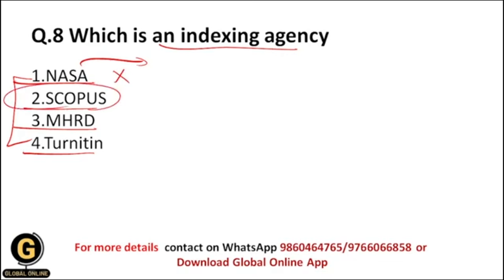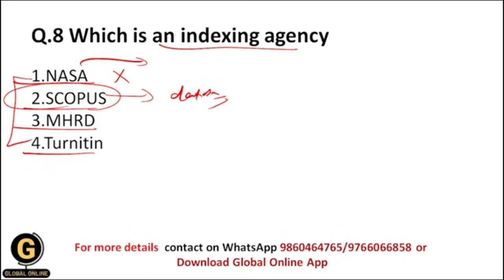Now let us see what is Scopus. So basically students, Scopus delivers the broadest coverage of any interdisciplinary abstract and citation database. So basically Scopus provides the database for citation and for interdisciplinary abstract as well. Okay, and that's why Scopus is an indexing agency.